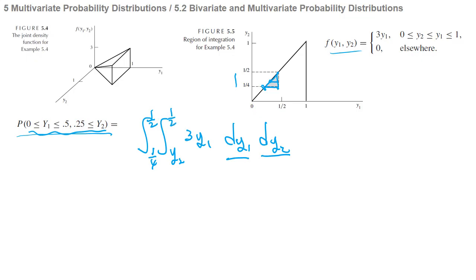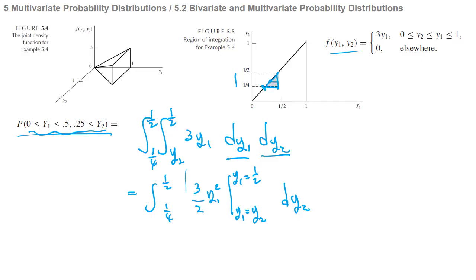Okay, so let's integrate this. If we integrate with respect to Y1, it is 3 over 2 Y1 squared, with Y1 from Y2 to 1 over 2, dY2.